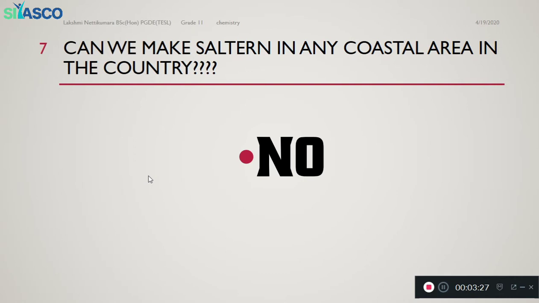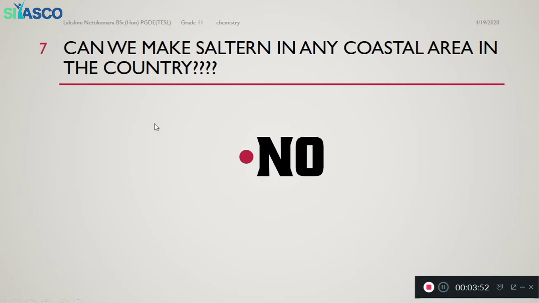Those are called saltons. The question is, can we make saltons in any coastal area even though Sri Lanka is surrounded by an ocean? The answer is no. We cannot make a salton in Negombo area. We cannot make a salton in Colombo area even though they are coastal areas.